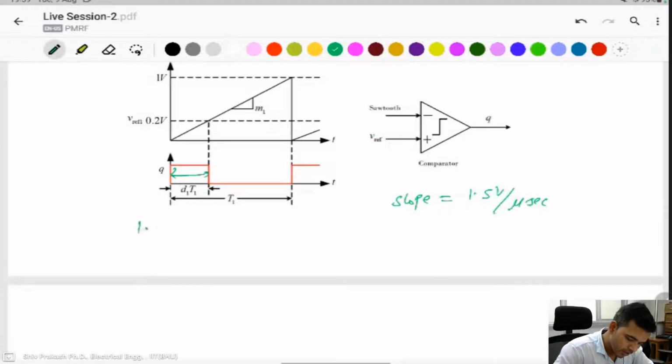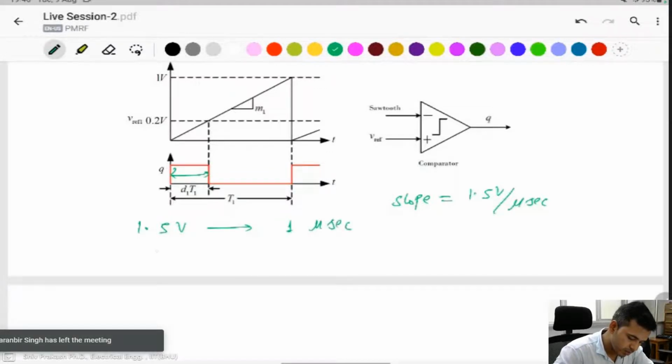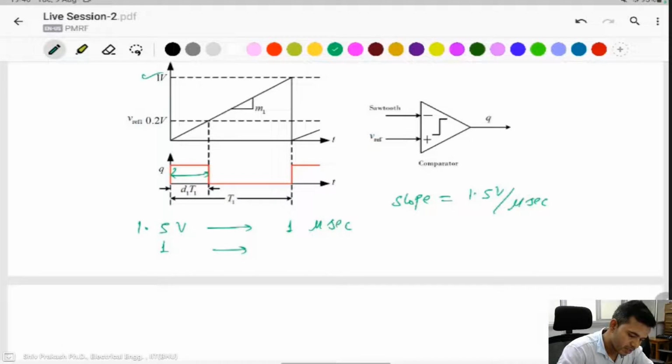You find 1.5 volt is given as the 1 microsecond slope, then what time will it take for 1 volt? Because the time period is that 1 volt is present for T1. And for 1 volt, 1.5 microsecond, it means 2 by 3 microsecond is the time period. It's T1. T1 is equal to 2 by 3 microsecond.